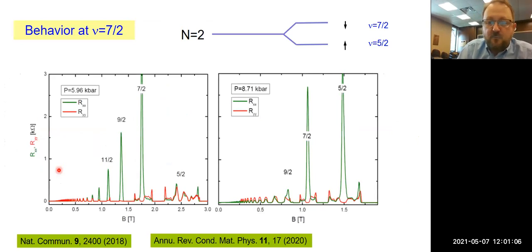Now, one thing that may help us is considering the behavior at 7/2, the cousin state. And notice that at this pressure, which is below 6 kilobar, we see the nematic phase at 11/2, 9/2, and 7/2. So this is not a mistake in labeling, but at 5/2, we have a fractional Coulomb state.